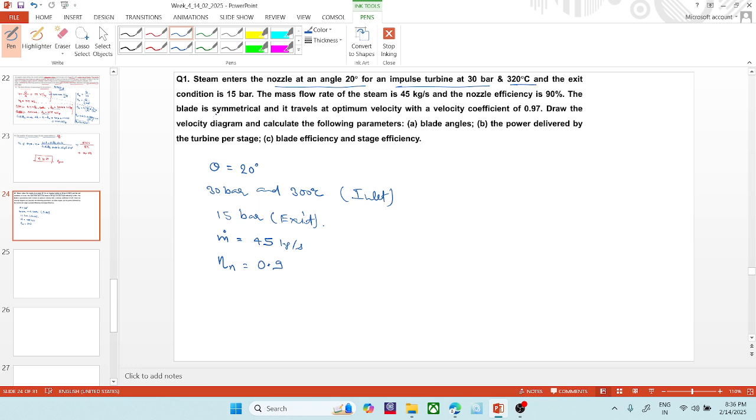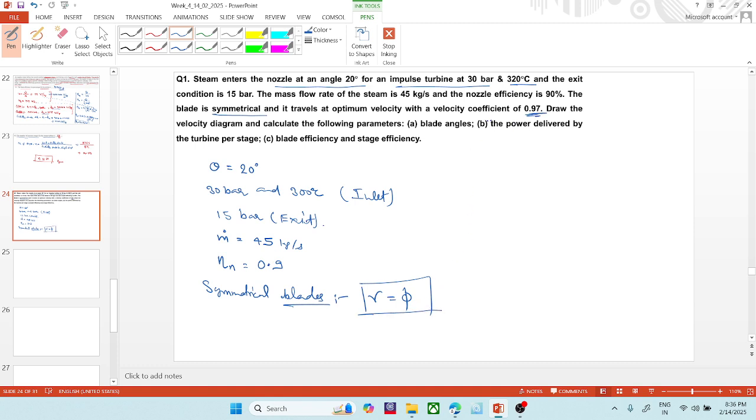The blade is symmetrical. Okay, symmetrical blades. What does it mean? It means that the blade angles are the same.